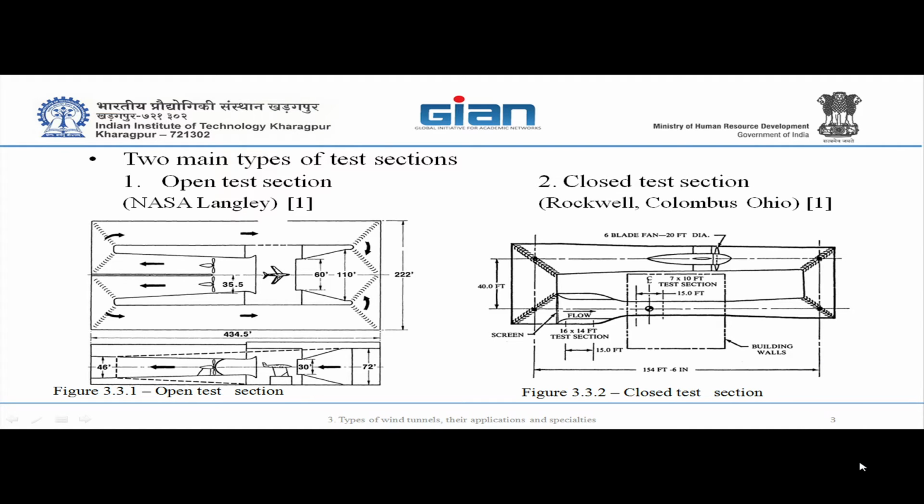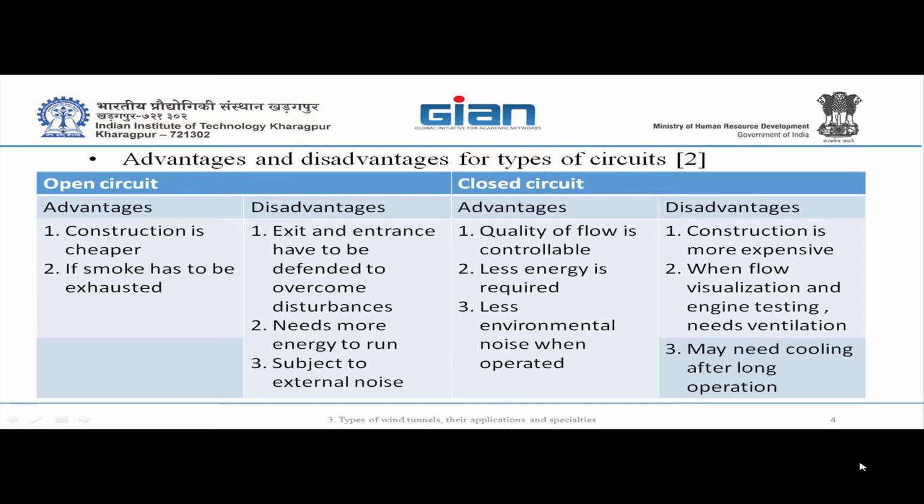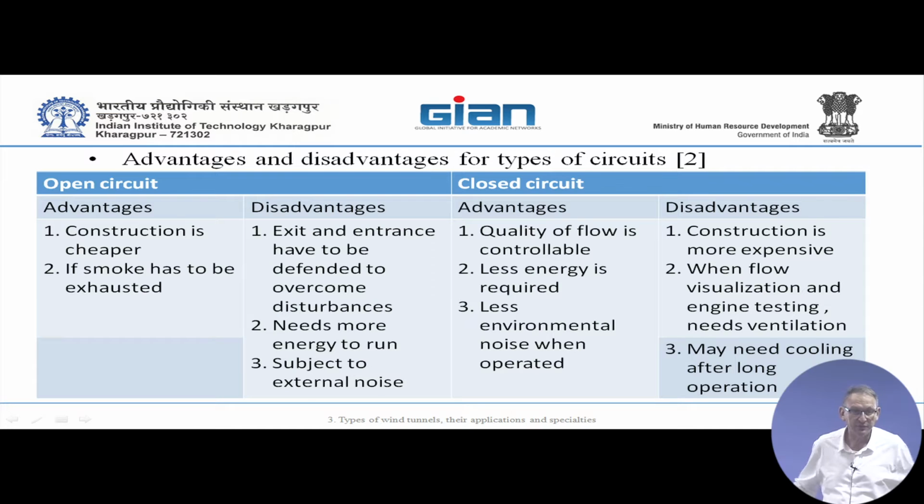Now, for each one of them, you'll find, as always, some advantages and disadvantages. Generally speaking, the open circuit will be cheaper, less cost, because the shell is shorter. You have only one leg out of 4, so it should be less costly.